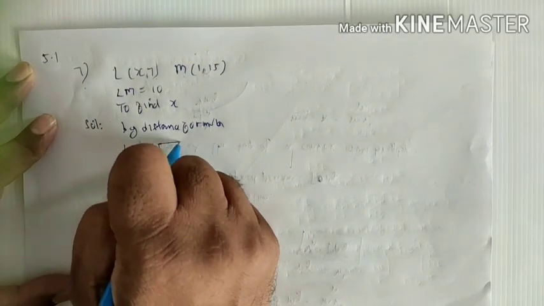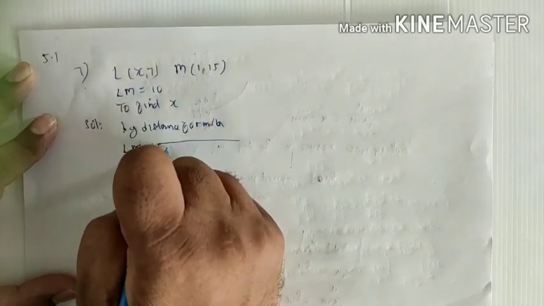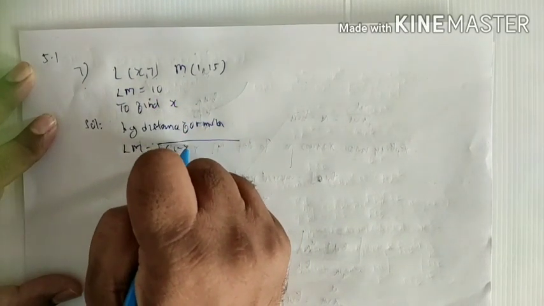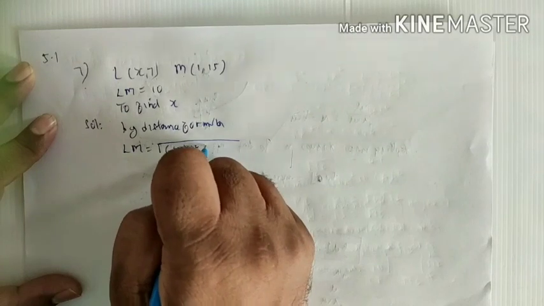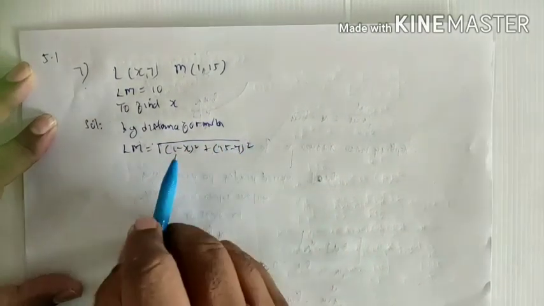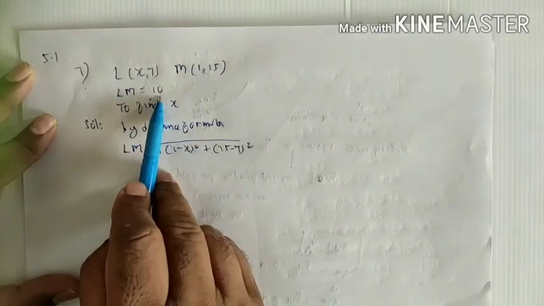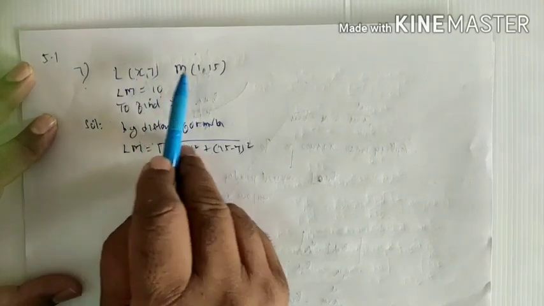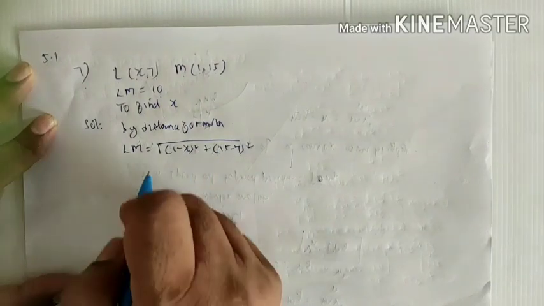LM is equal to under root (1 minus x) whole square plus (15 minus 7) square.